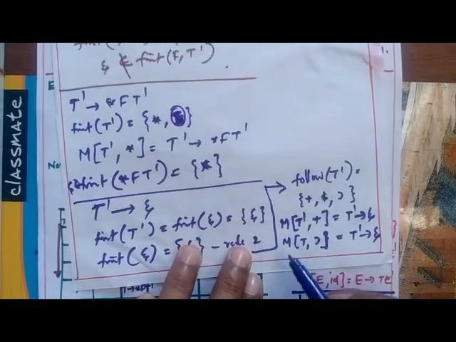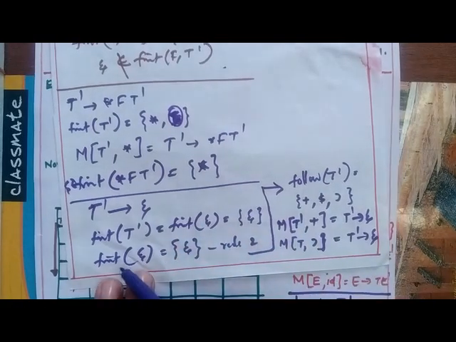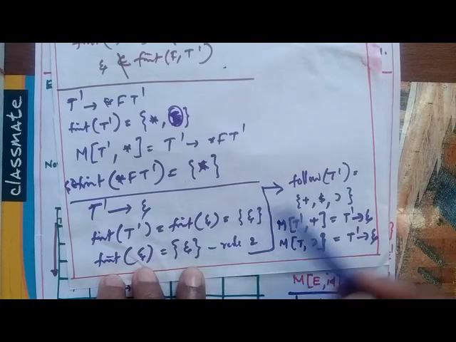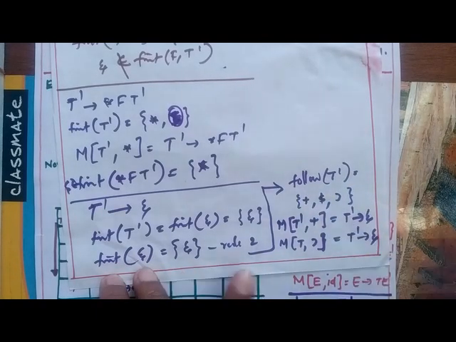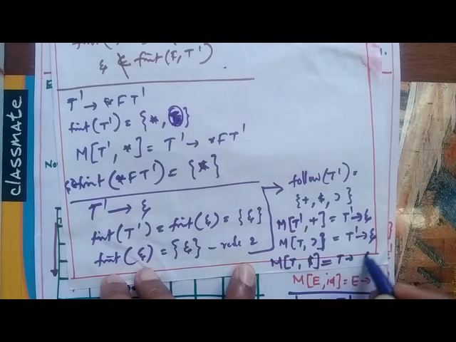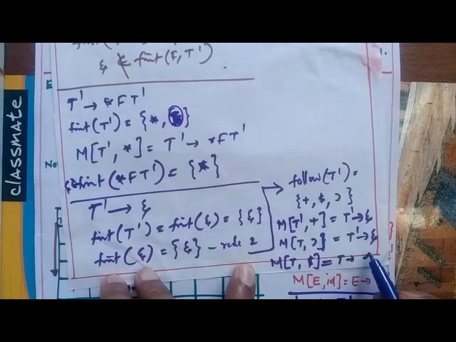The next thing is, first of alpha contains epsilon, that means first of epsilon contains epsilon, and follow of T dash contains dollar. So M of T dash dollar also contains T dash gives epsilon.